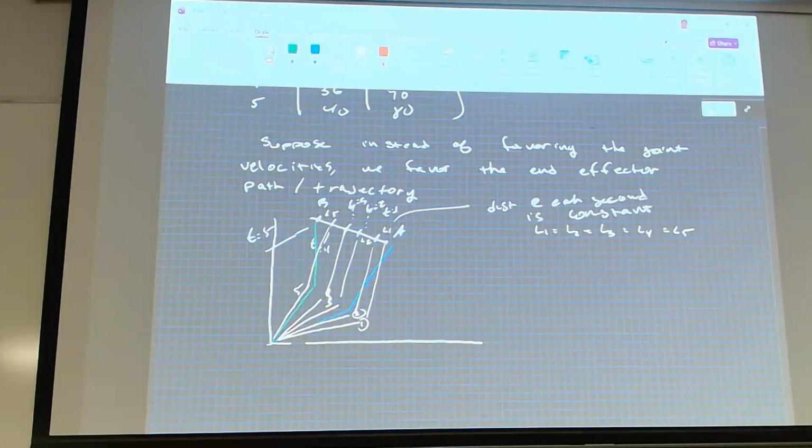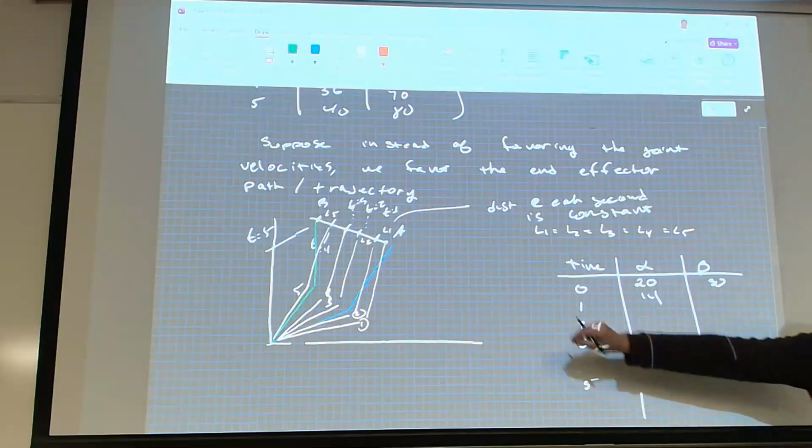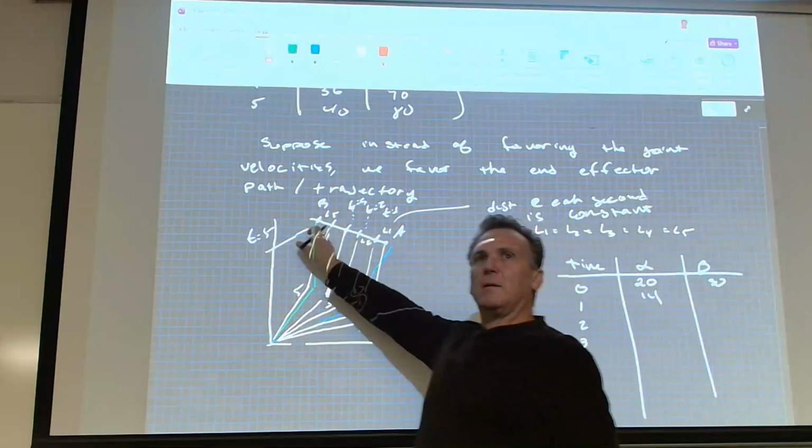If we do that, then if I look at my time, my alpha, my beta, and I do the geometry, which I won't bore you guys with: 0, 1, 2, 3, 4, 5. Our alpha angle, we start at 20 degrees, and we start at 30 degrees. We drop to 14 degrees to maintain this profile.